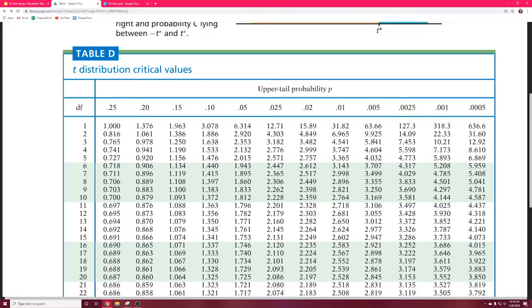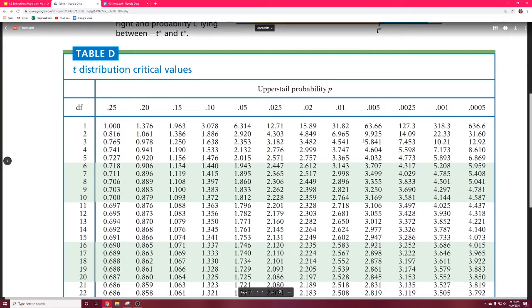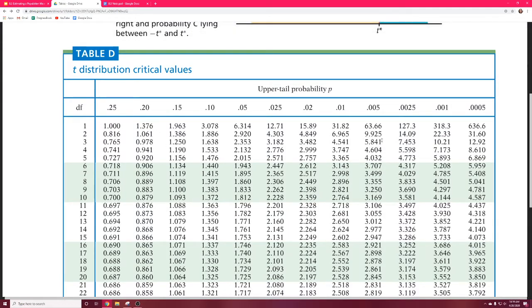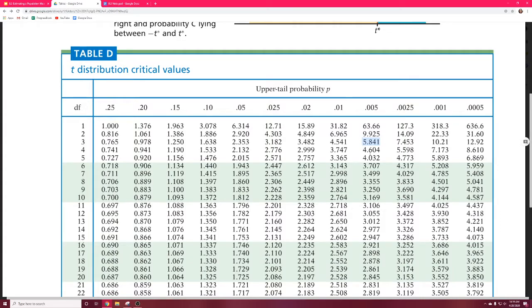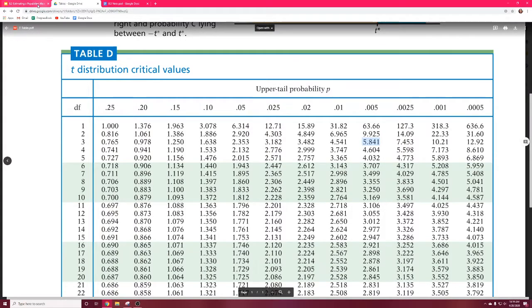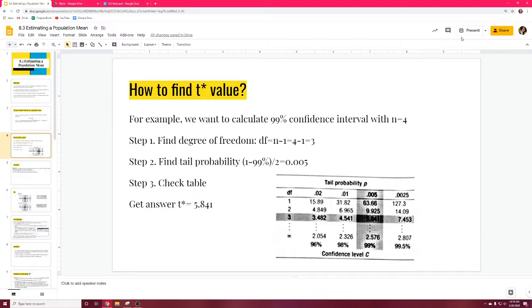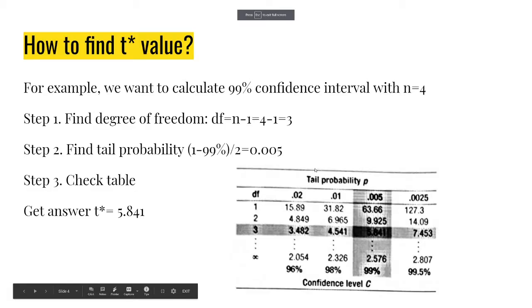So your number is 5.841. Okay, it's this number, 5.841. All right, so this is how you find the t value. You find the degree of freedom, and then find the tail probability and check your table.